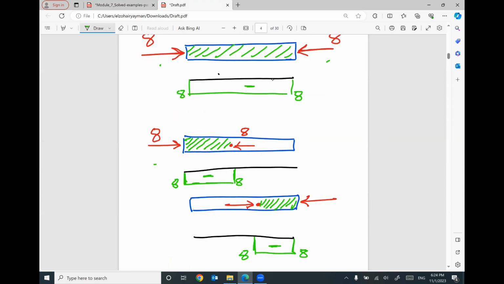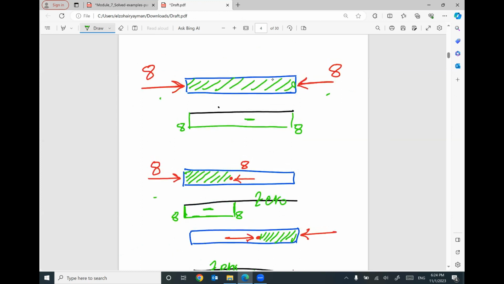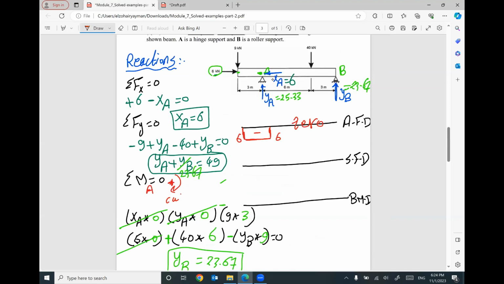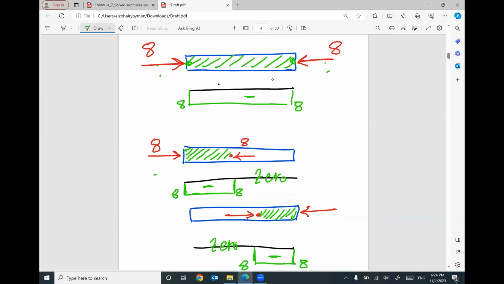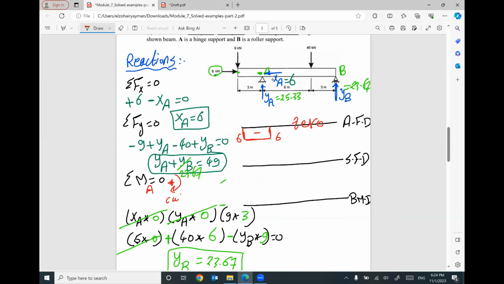So the rest will be zero, but in the first case, the whole beam is under the effect of the two opposite forces, so the diagram covers the whole beam. Anybody has any question about this point? That makes sense for you? Looks good?